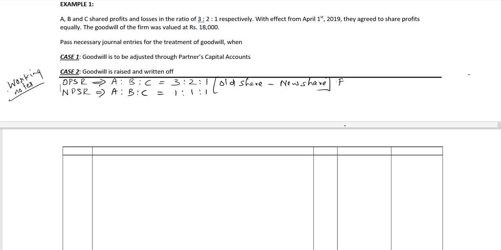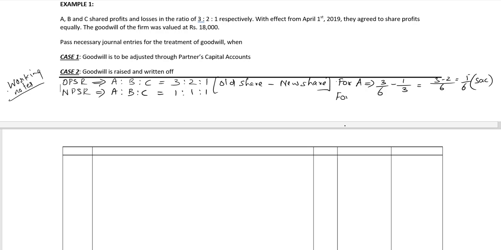For A, old share 3 divided by 6 minus the new share 1/3, a positive 1/6, so A sacrifices.